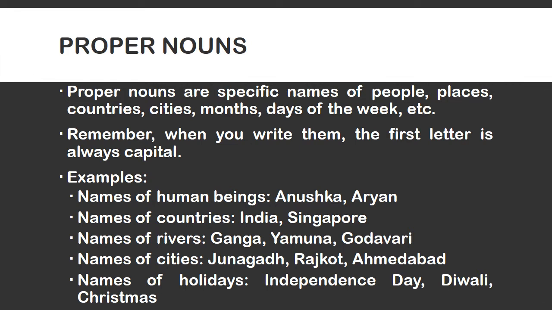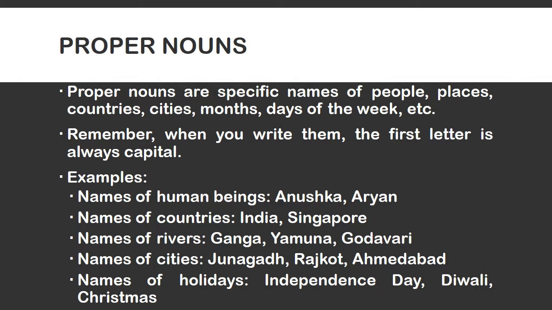Proper nouns are specific names of people, places, countries, cities, months, days of the week, etc. Remember, when you write them, the first letter is always capital. When you write the name of anything, the first letter is always capital. Examples: names of human beings, Anushka, Aryan.